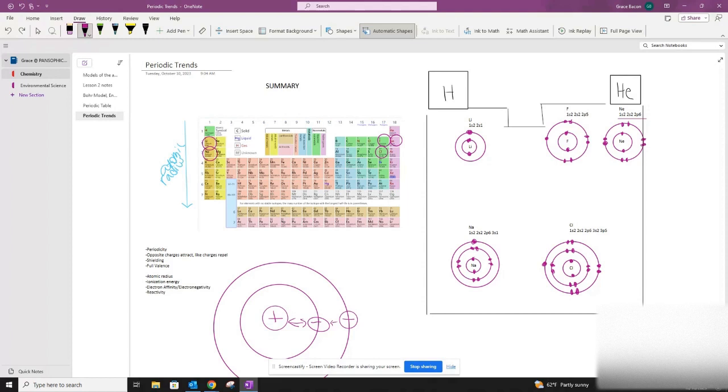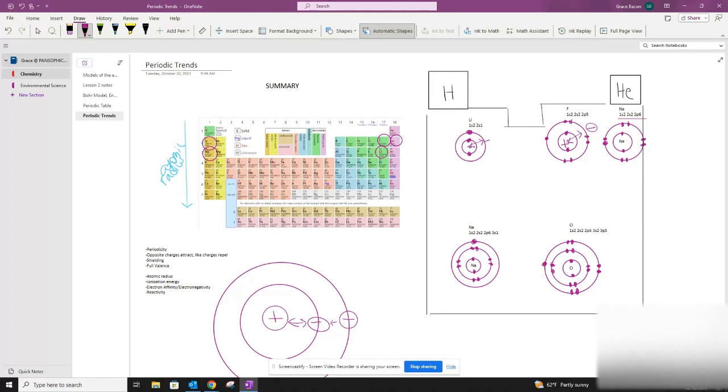So what's happening is that fluorine's nucleus is going to pull more on those electrons. That attraction is going to be stronger between these guys than it is between these guys, because there's the same amount of shielding. There's only one energy level between the nucleus and the outer energy level. So there's the same amount of shielding, but there's a bigger positive and a bigger negative than there is here.